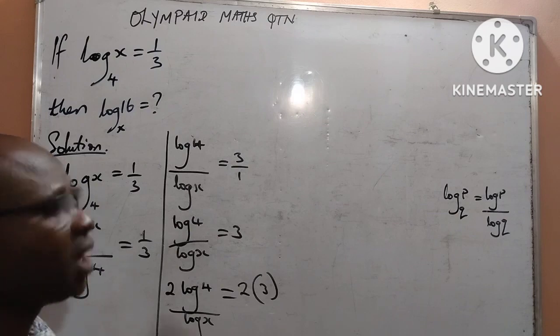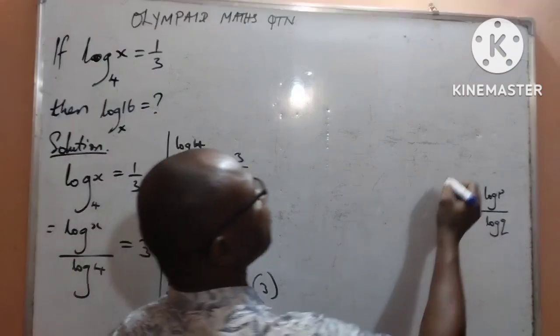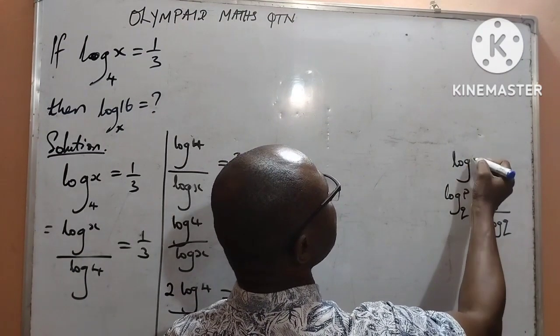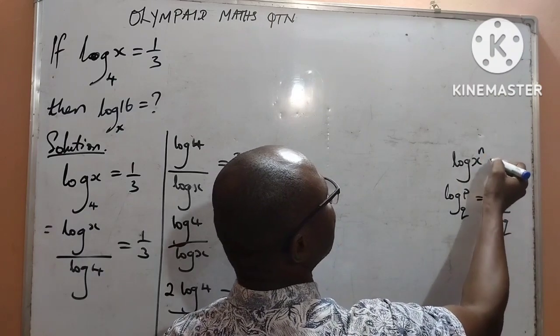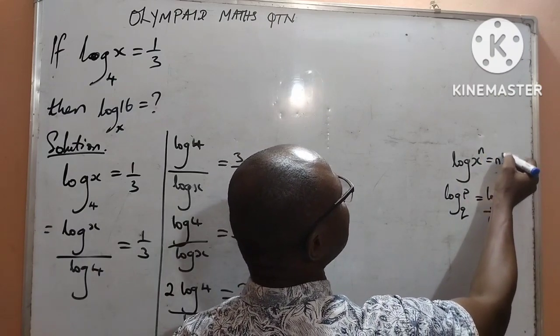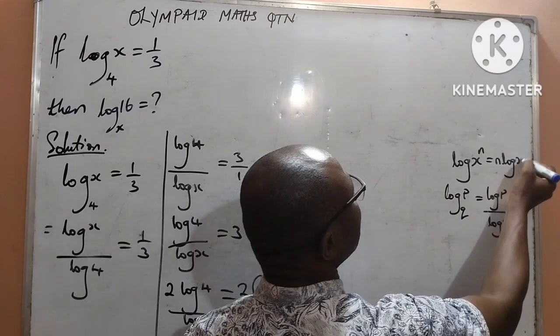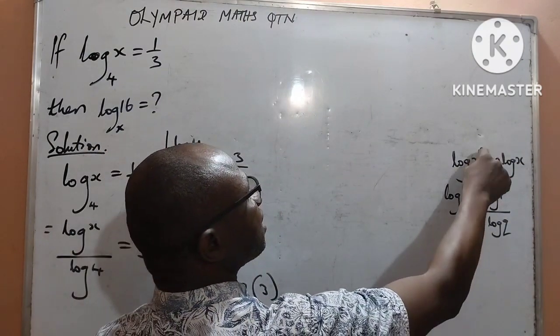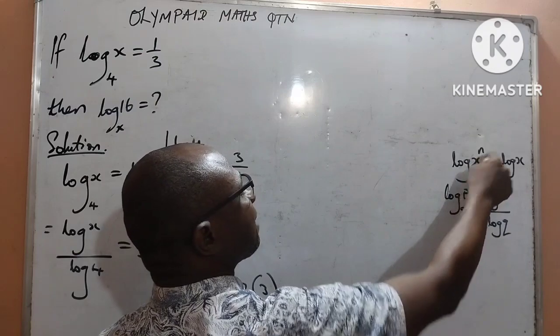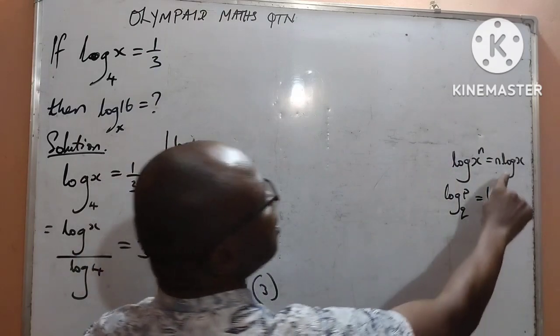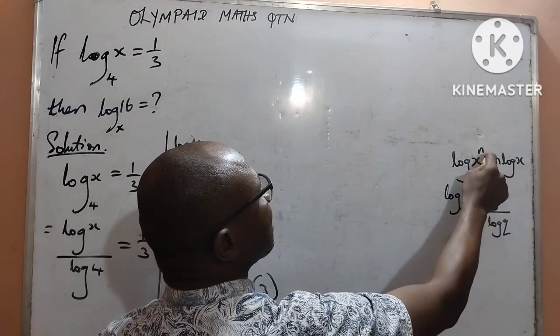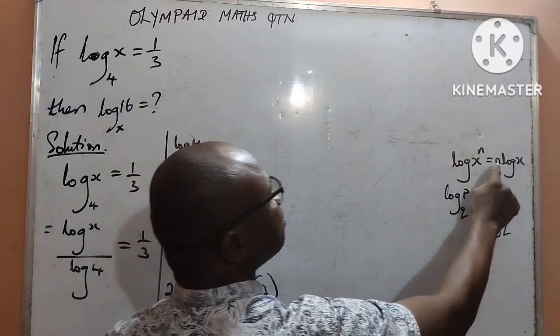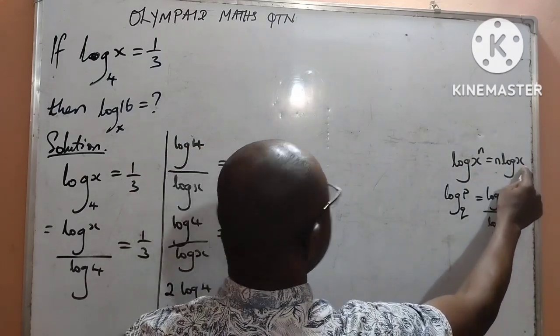Beautiful. A law in logarithms says that if we have the log of x raised to the power n, it is equal to n times log x. What does that mean? If I have a log with a power, the power can multiply the log, and that means the value n coming to the front becomes n log x.